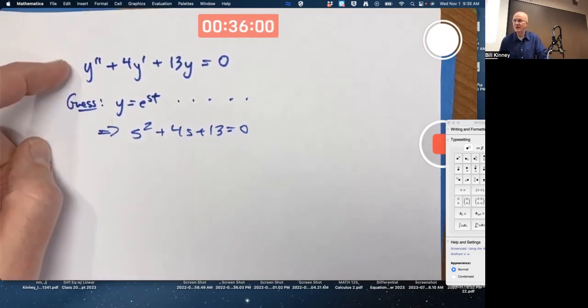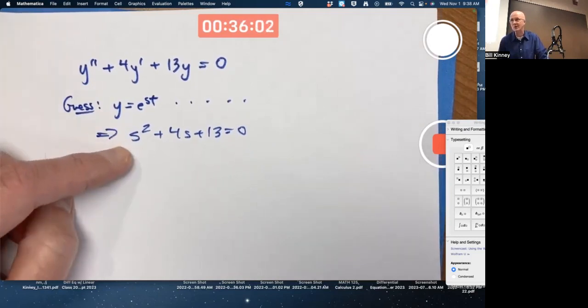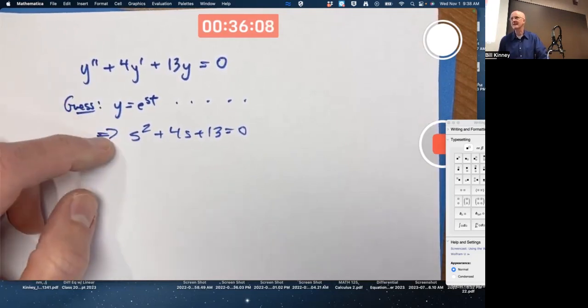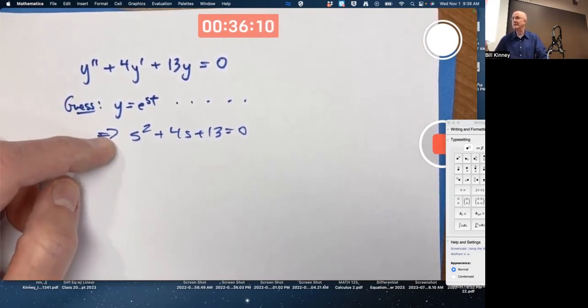Solutions of this are functions. Solutions of this are numbers. But we've done this enough. You can just jump to this characteristic polynomial. And it would be the characteristic polynomial if we used a matrix, A, and used lambdas. We'd get lambda squared plus 4 lambda plus 13. It's got to be the same if the solutions match each other.